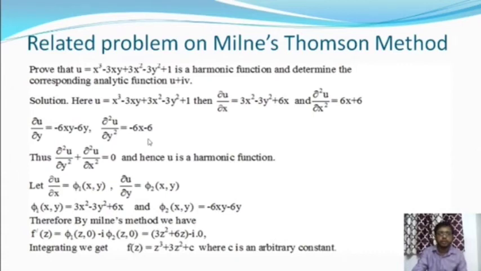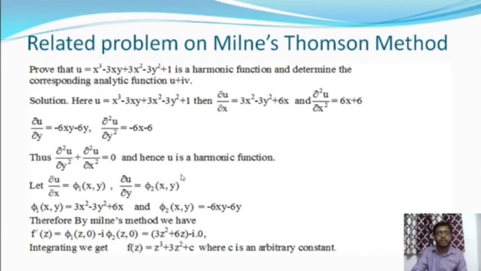So how? If we apply the Milne-Thomson method, we can find the analytic function without finding the conjugate of u. If the function is analytic and satisfies the Cauchy-Riemann equation, then from this we can find the analytic function f of z without finding v.